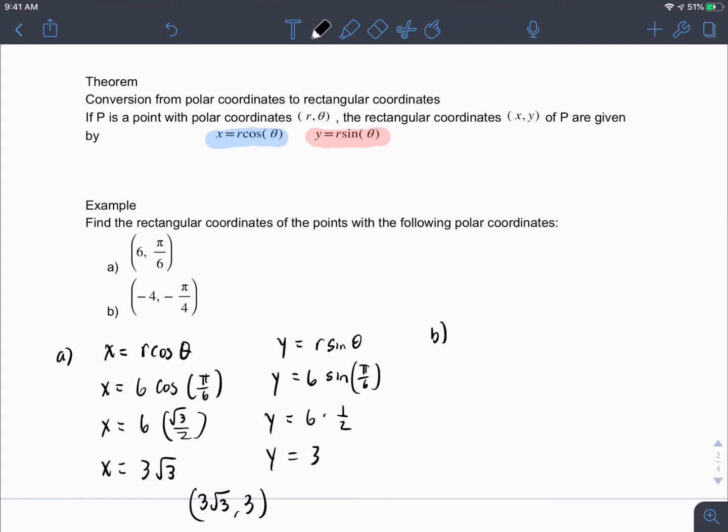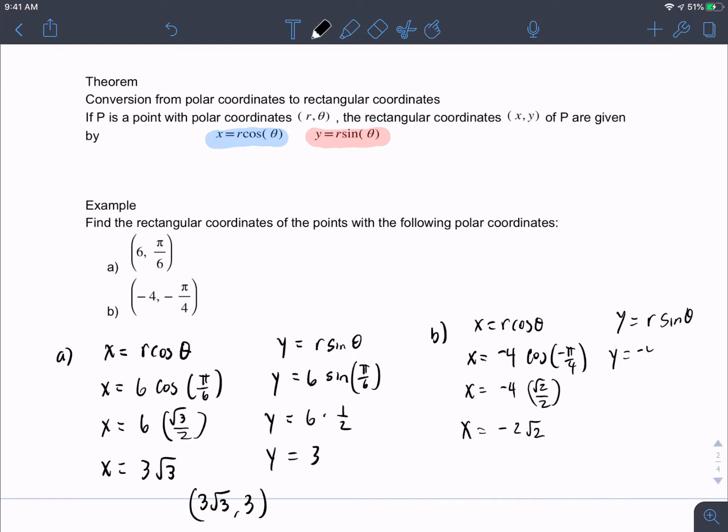For B, again, I like to write the formulas that I'm using. So I'm going to go x is equal to negative 4 cosine of negative pi over 4, which is going to give me negative 4 times radical 2 over 2. So x is going to be negative 2 radical 2. Now for my y, it's going to be r sine theta, and so I'm going to get negative 4 sine of negative pi over 4.